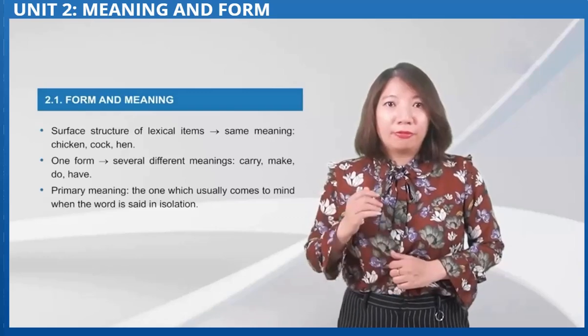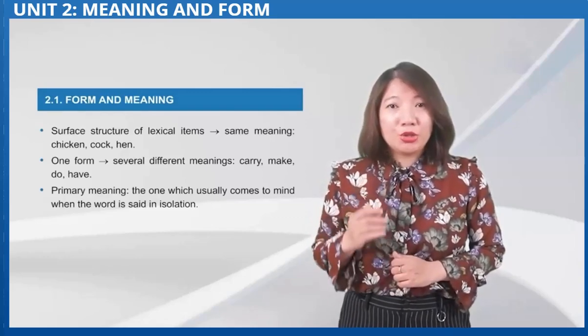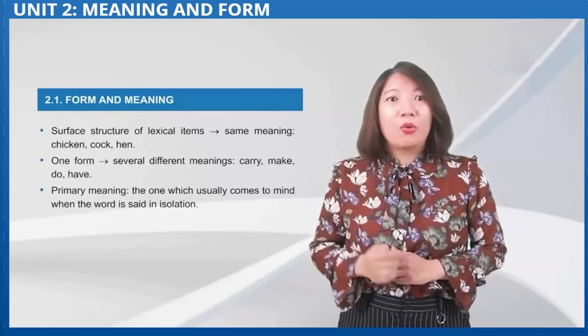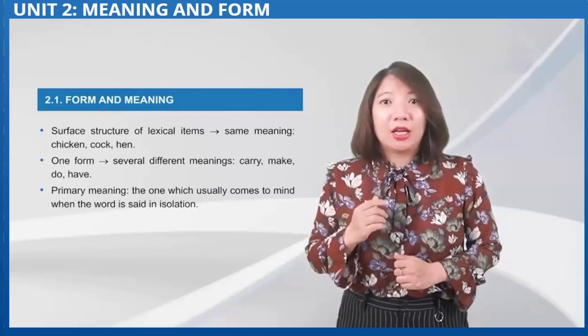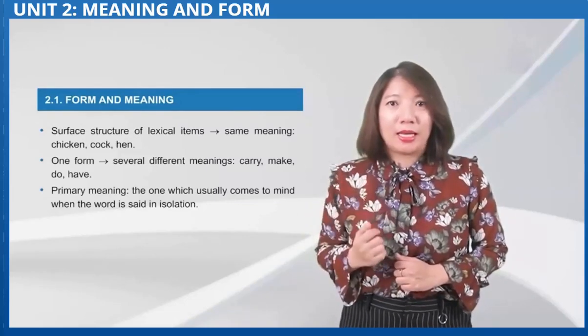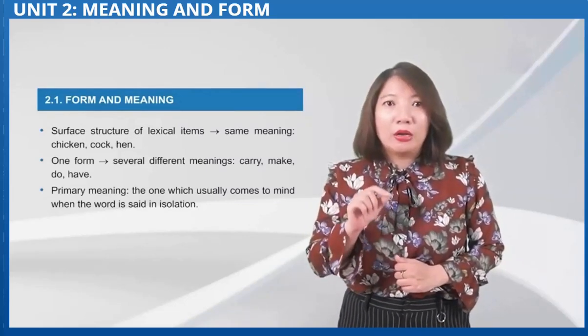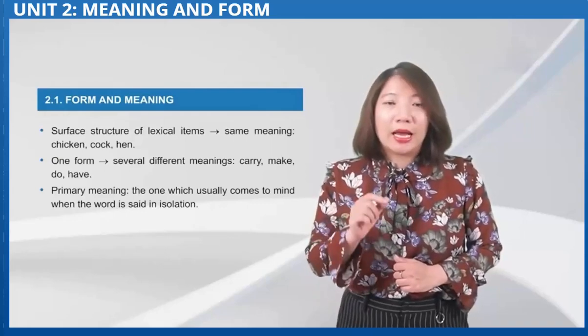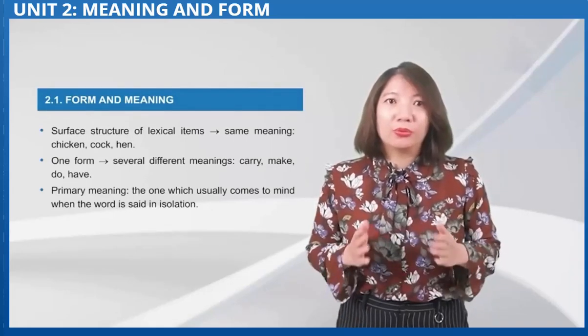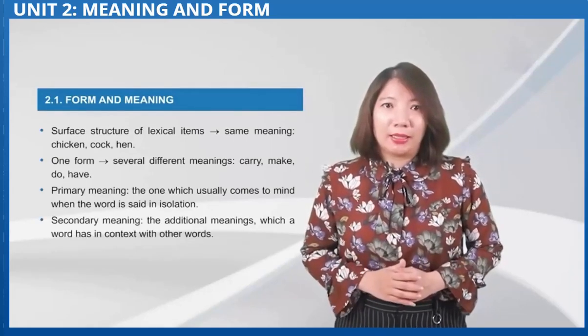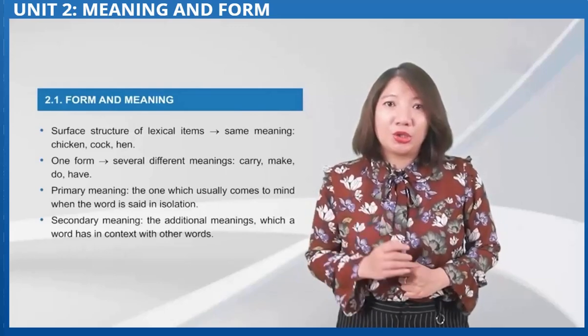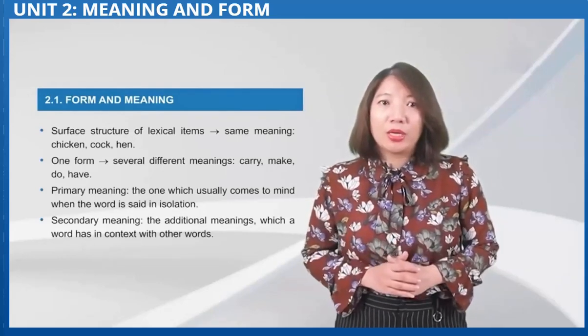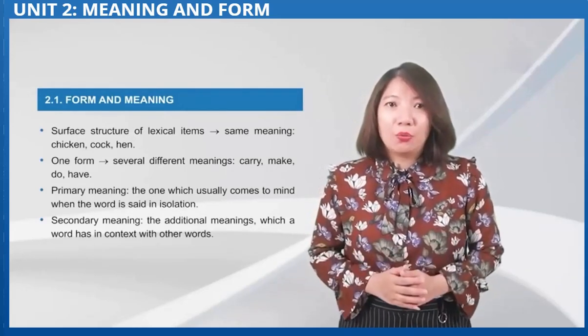Primary meaning refers to the meaning which usually comes to our mind when the word is said in isolation. The first meaning that comes to mind when we look at the word in isolation, alone. And secondary meaning refers to the additional meanings which a word has in context with other words.